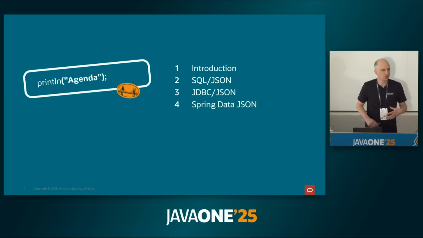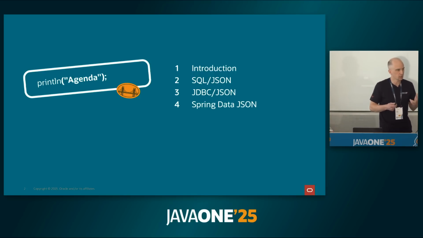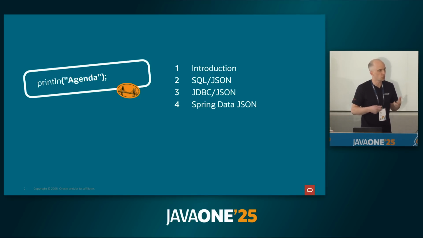I'm going to start out, and I want to warn you in advance, this talk is mostly about Java, but the first couple of sections are focused on the database because it's necessary background information for the Java stuff. So I'm going to start out talking about why you might want to model your data as JSON and store it as JSON generally, and what the landscape is there for databases.